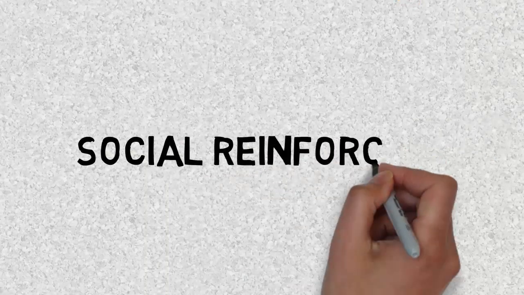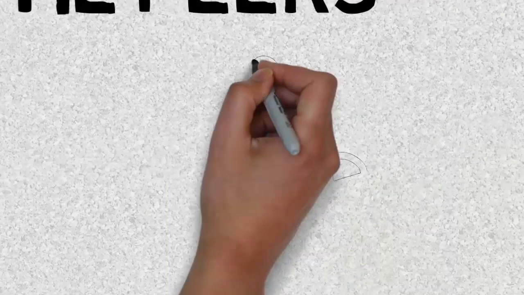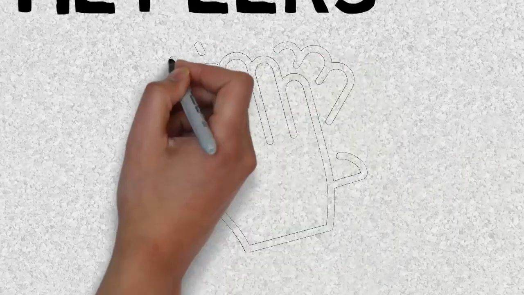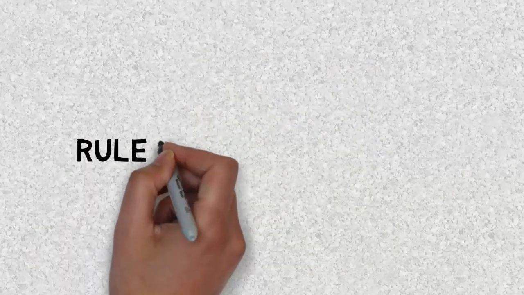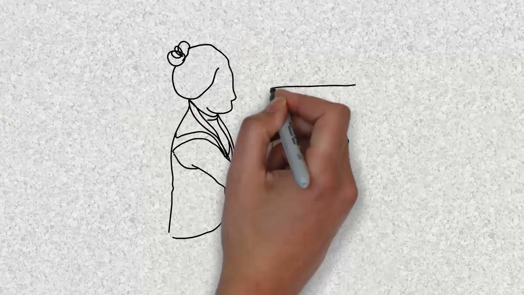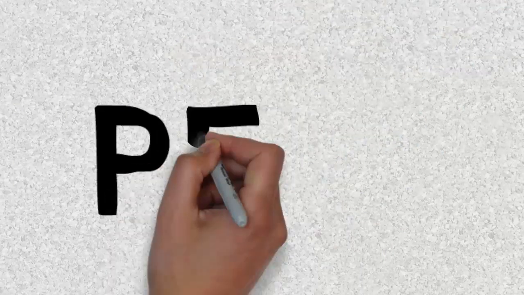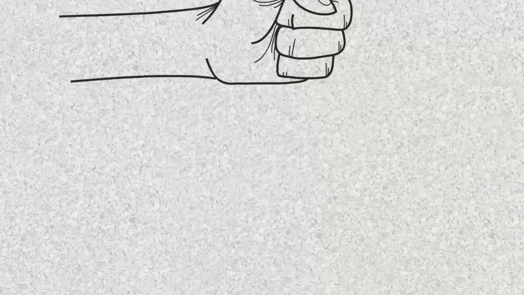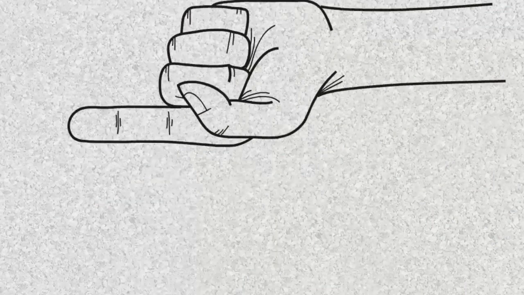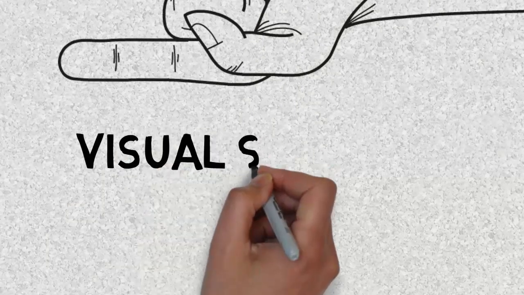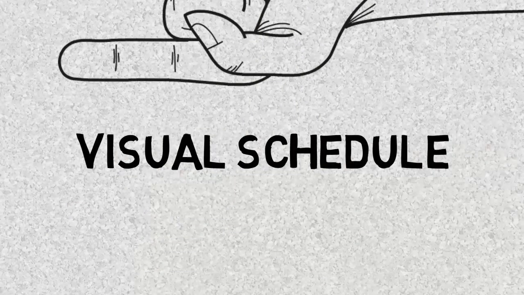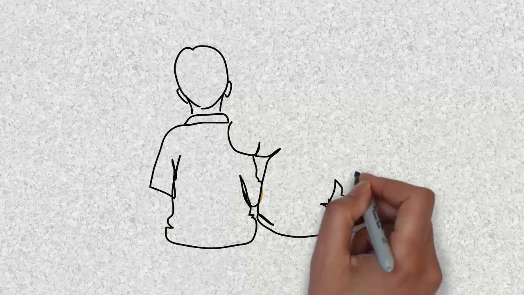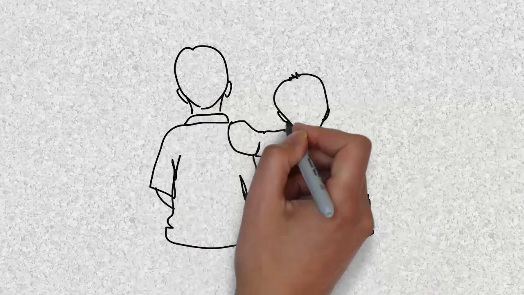Social reinforcers are always given, such as clapping if they produce an appropriate response. Rules of social exchange are taught to such children, including how to paint or draw. The PECS technique is used, the picture exchange communication system, in which they are taught how to exchange. A visual schedule is good as they can retain it easily. Interaction with parents can be more helpful to treat a child with ASD.